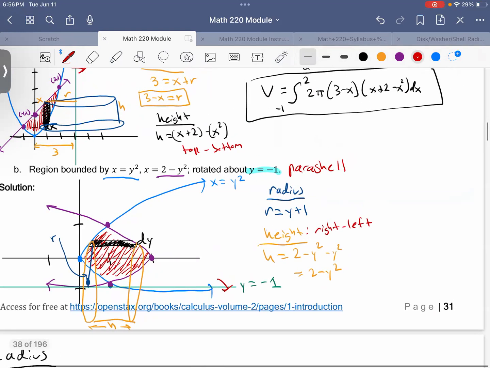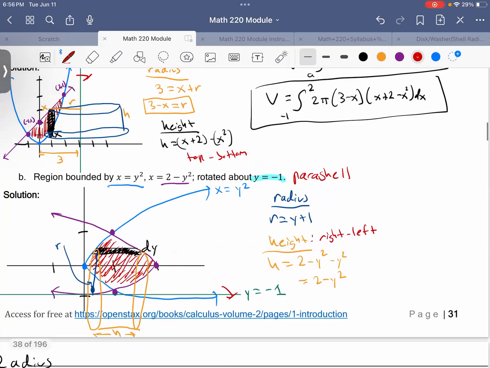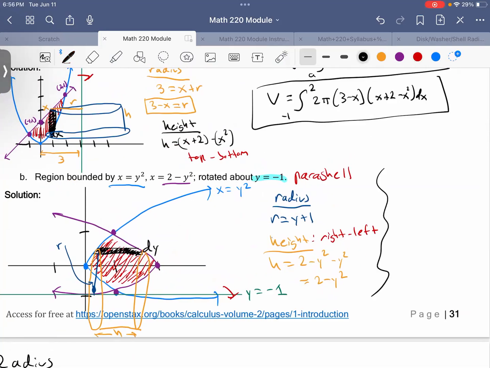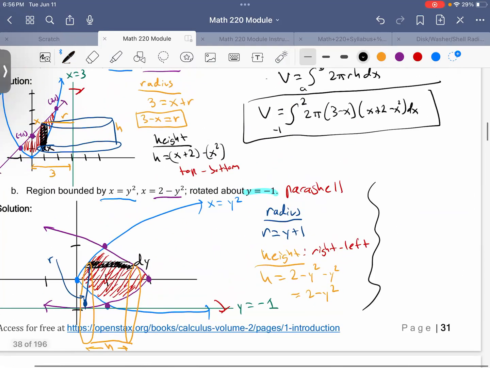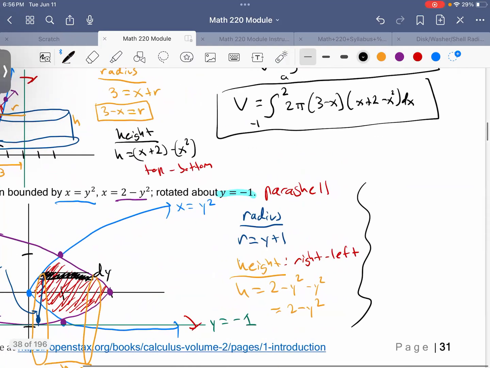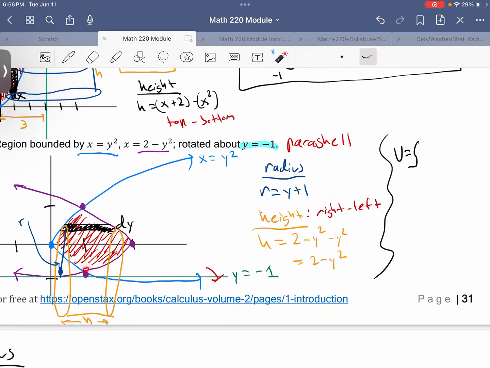Okay, so we have everything we need. We could just set up this integral and we should be all set. I'm running it over a bit, but let me try to write this out. So volume equals the integral. We're going from y value of -1 to y value of 1, so -1 to 1, 2 pi r h dy.